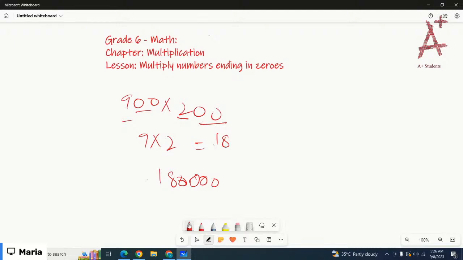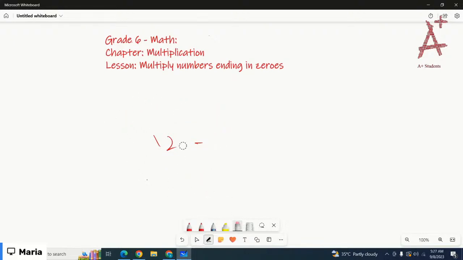Okay, the next example is you have to do 3,000 times 5. So which is the correct option? How do you multiply? You can just write down the answers in the chat box if you already know them, right?